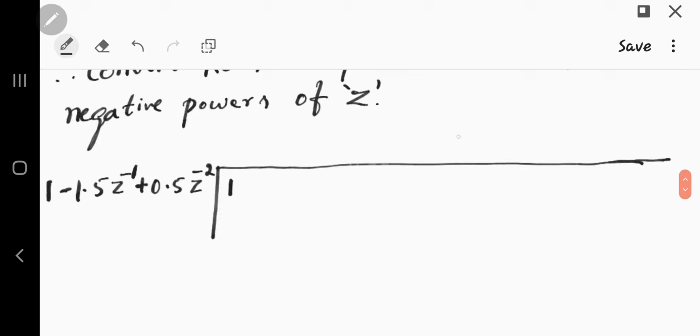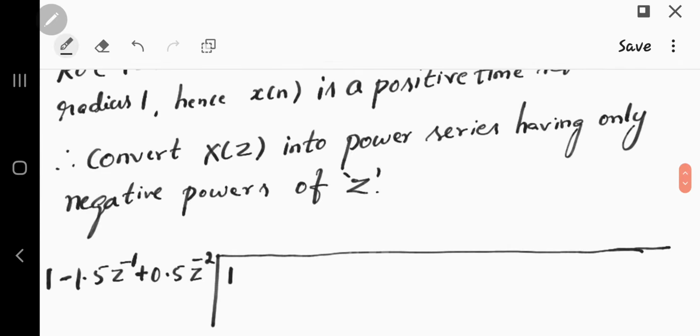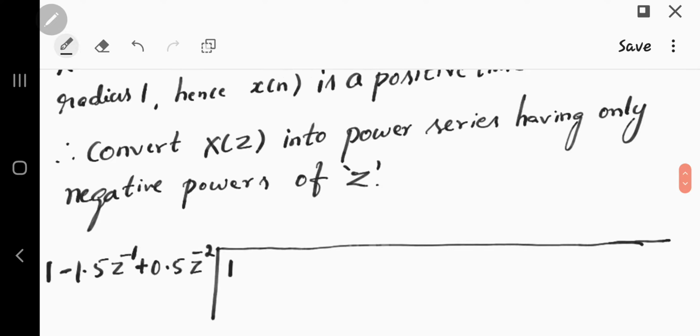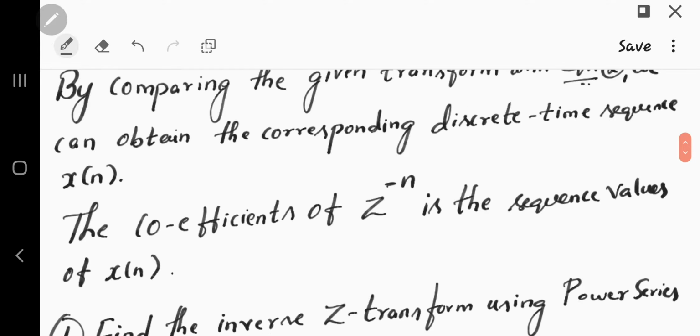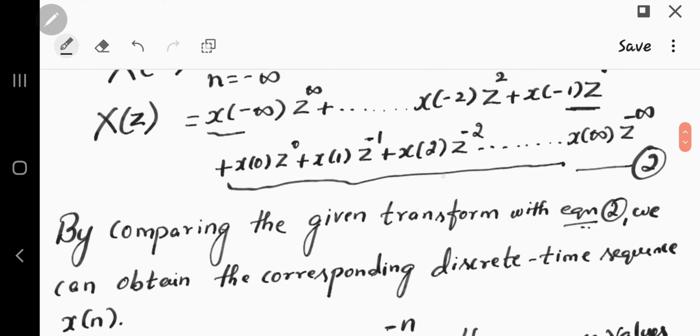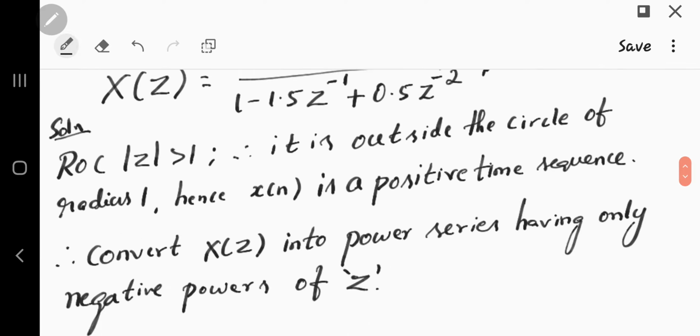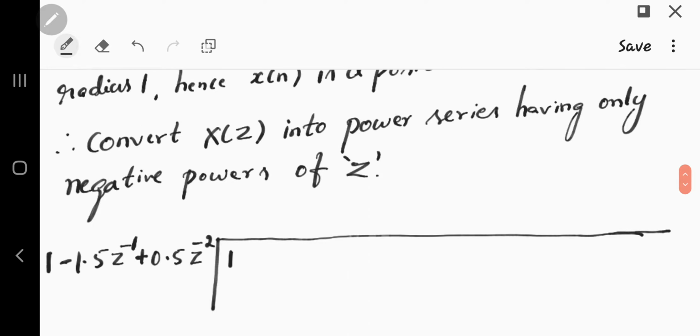Now if you are getting positive powers and you have a positive time sequence, then it is completely wrong, because positive time sequence will have negative powers as I have shown in the power series expression.